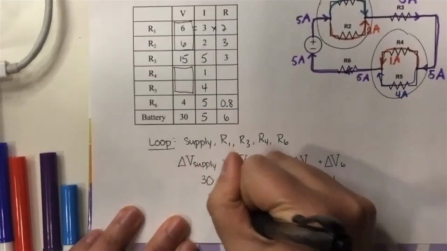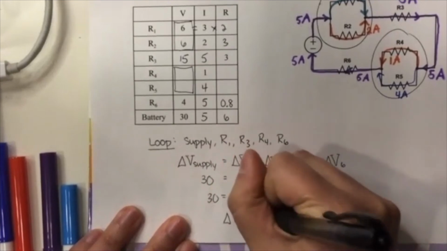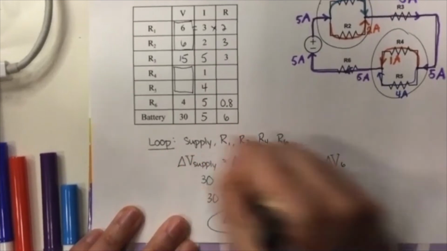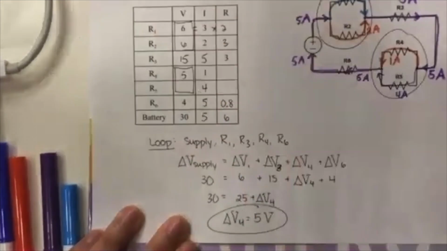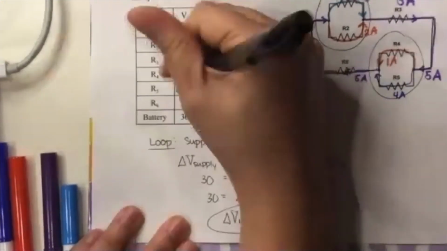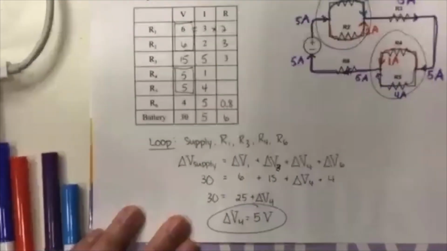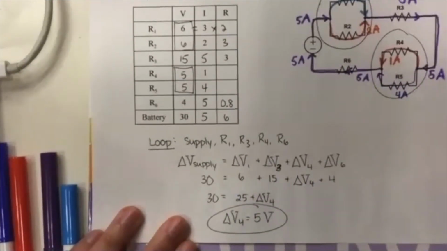The voltage used up by the fourth resistor must be 5 volts. And since it's in parallel, R5 must also be 5 volts. It's not like the 5 volts get split between the two paths. Each of them has 5 volts, which means I have solved this circuit.